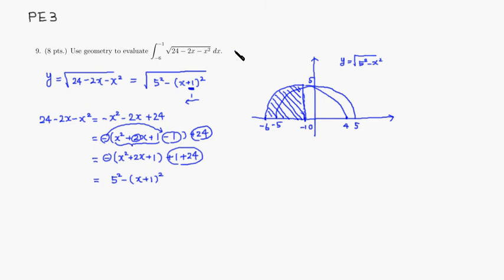So this is going to be equal to, since it's only a quarter of the whole disk, 1/4 of the area of the whole disk, which is pi r squared, or 25 pi. So it's 25 pi over 4. That's it. I hope that this was clear.